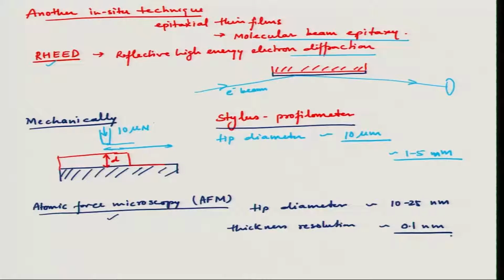So, these are some other techniques which you can use. Again, you will have to have this step. For both techniques, you have to make this step either during deposition or after the deposition, so that you can measure the step height, which is your film thickness. So, this is a general overview of thickness measurement of the thin films.